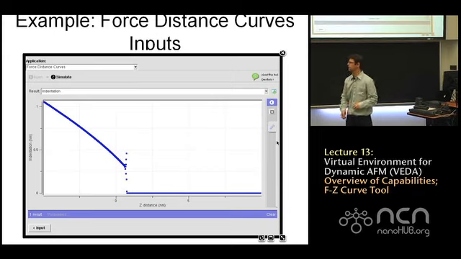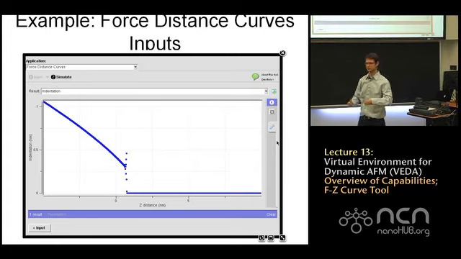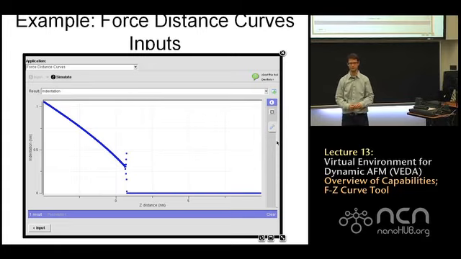You'll notice that this is 0 when we're far away from the sample, but as we approach, it jumps up to a positive value. And that's what happens when the cantilever snaps into the sample. There's a discontinuous jump in that indentation curve. So we don't start at indentation equal to 0. Because of the snap-in, we were already indenting the sample when the tip contacts it.